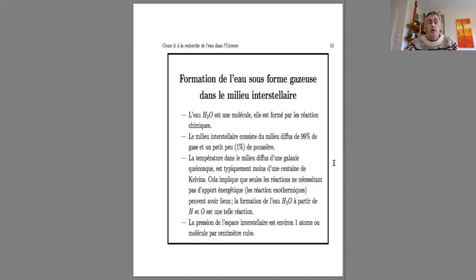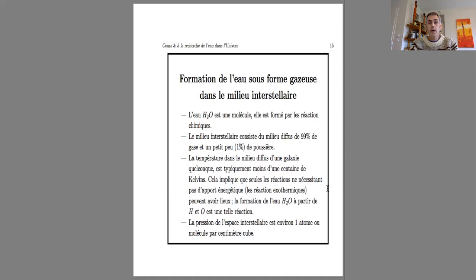The temperature of this medium inside a galaxy, but between the stars, is typically around tens of Kelvin, so less than 100 Kelvin. Remember, Kelvin is the absolute temperature scale. So if we're at 100 Kelvin, we're at minus 173.15 degrees Celsius. So it's cold.